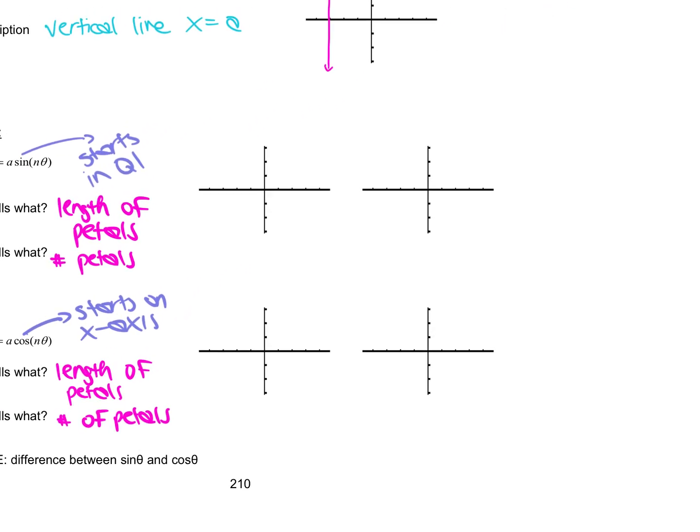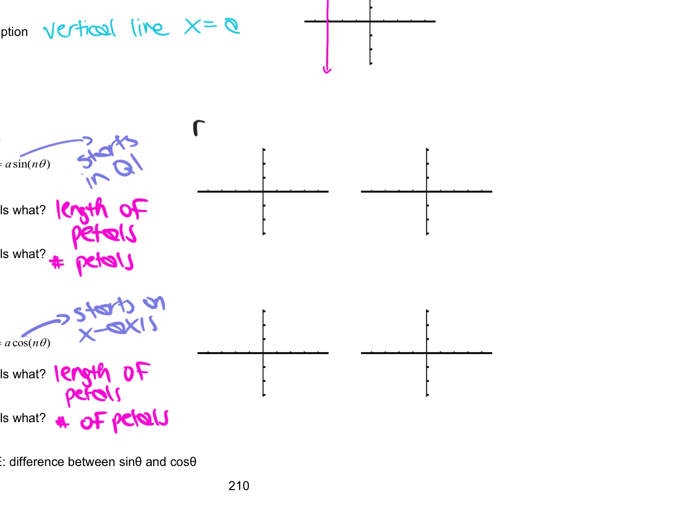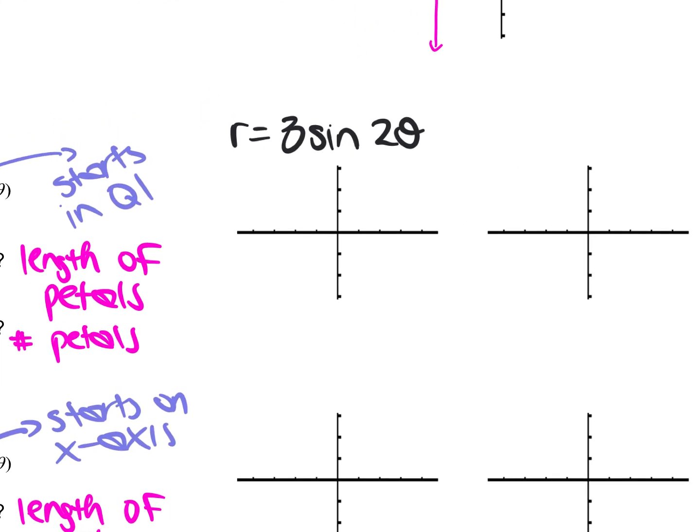So, for example, r equals 3 sine 2 theta. The first thing that you do is establish, I know the length of the petals outward is 3, and I know how many petals this has? 4. This is still circular.